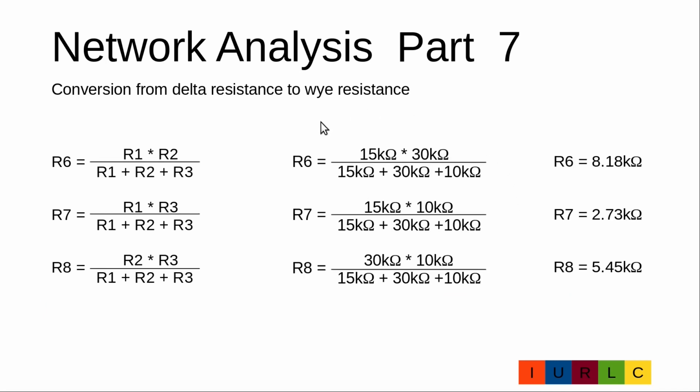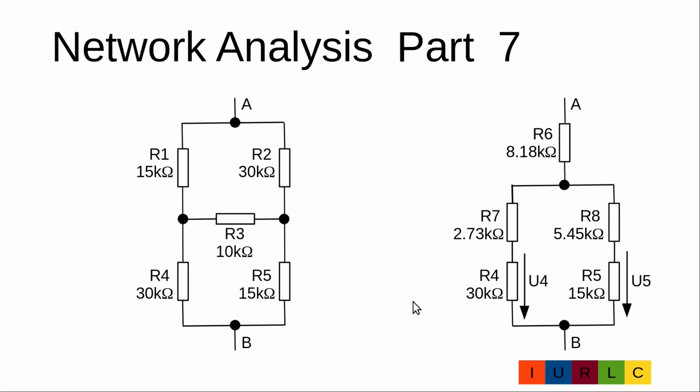When we put concrete numbers in these formulas, we get for R6 8.18 kilo ohm, for R7 2.73 kilo ohm, and for R8 5.45 kilo ohm. Here now is our electrical equivalent circuit with the new Y resistors R6, R7 and R8 and the resistors R4 and R5 from the original circuit.